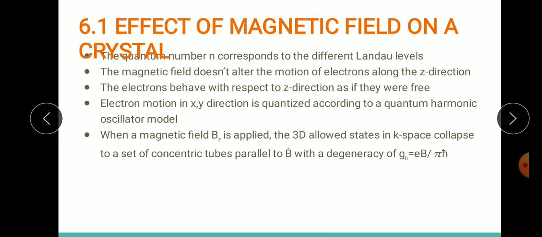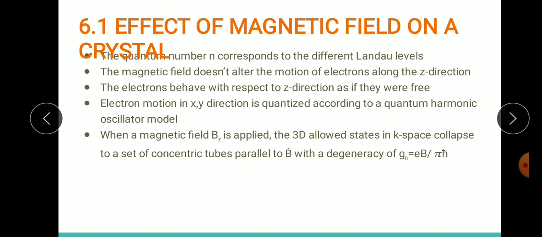So apart from this, what happens is, I have applied the magnetic field B in the z direction. Now if my electrons are moving along the z direction, the magnetic field will not alter such electrons or the motion of such electrons.